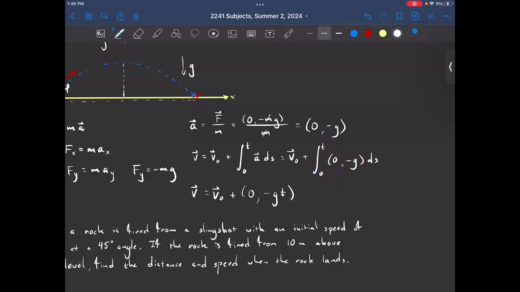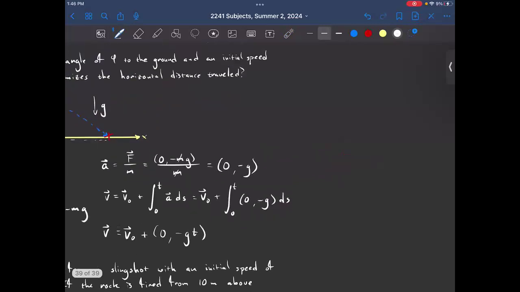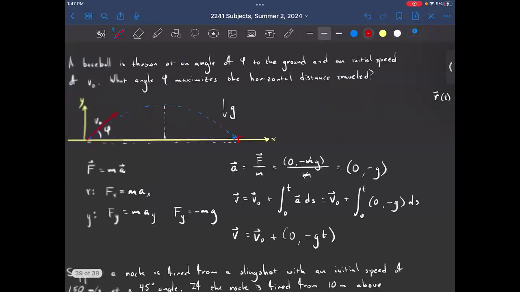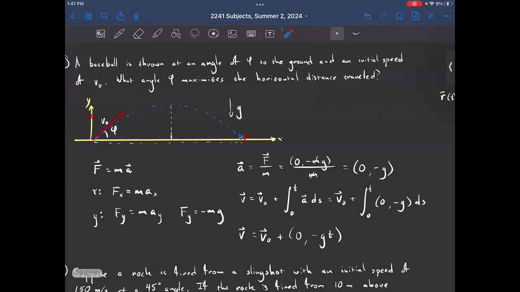All right, and now to get our position, what do we do? Well, same thing. We're just going to take the integral from 0 to t of our velocity function, velocity ds. And this is, okay, well, r0 is 0. Why is it 0? Because I've chosen my coordinate system so that the initial position of the ball is at the origin.